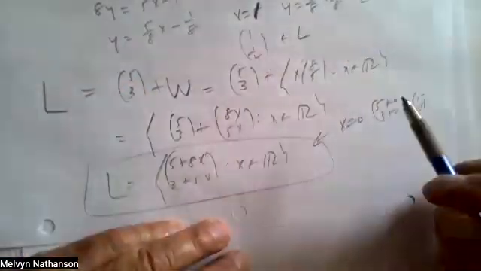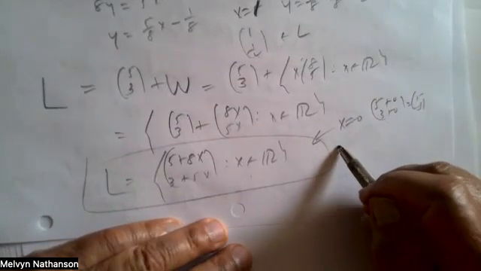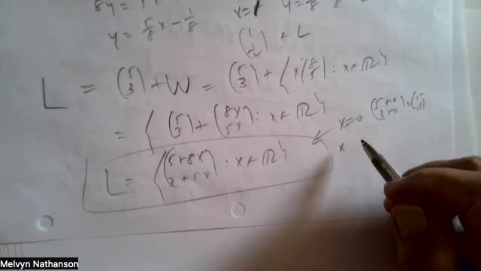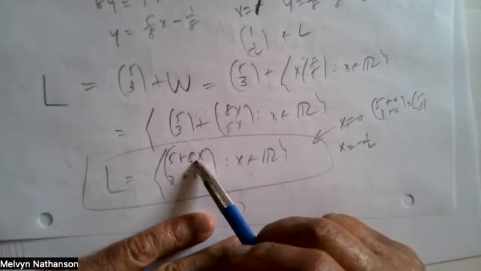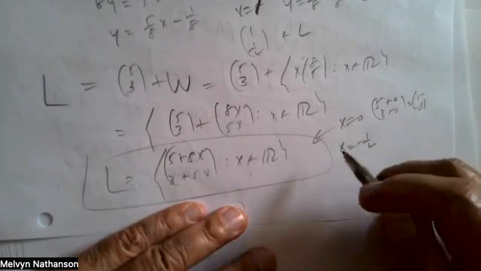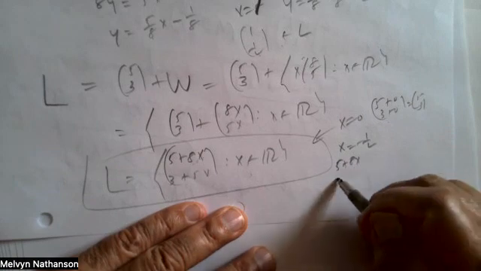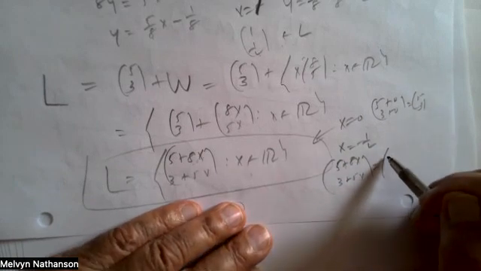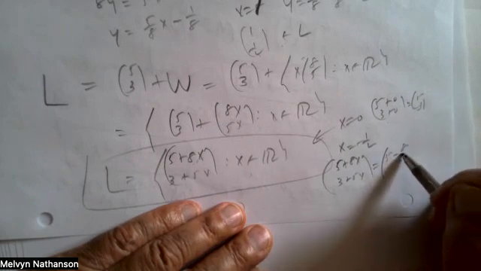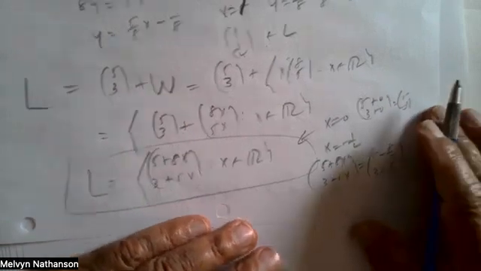What about (1, 1/2)? Suppose I take x equal to minus a half. Then (5 plus 8x, 3 plus 5x) is equal to (5 minus 8 halves, 3 minus 5 halves).